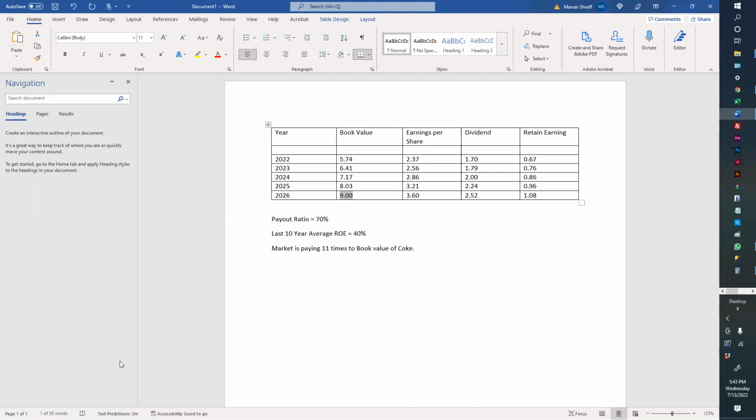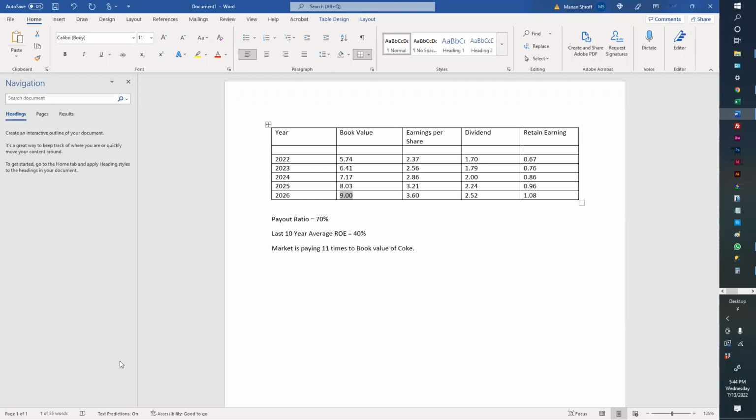We are assuming the market is still paying 11 times book value. What would be the new market price for Coke stock? Anyone? We have to get this thing clear.